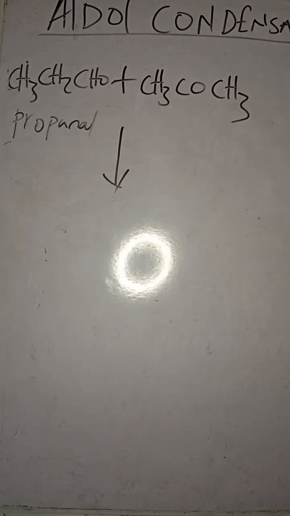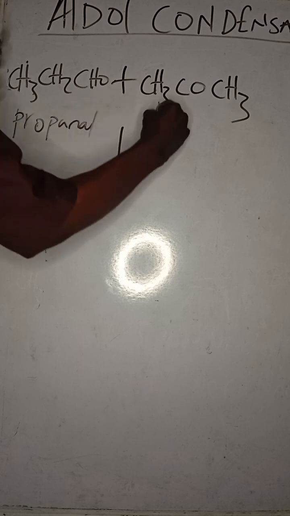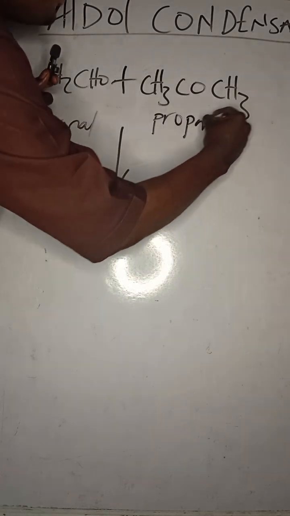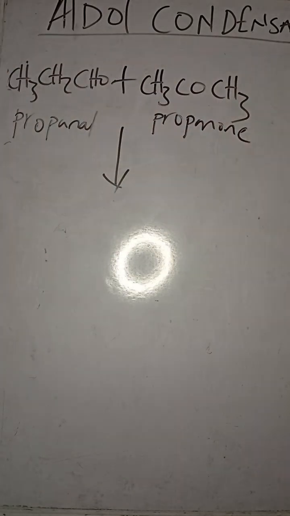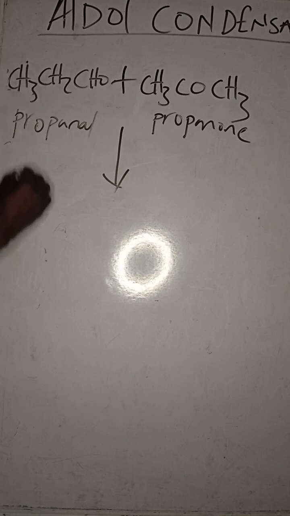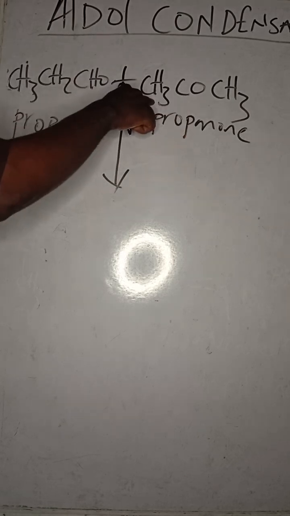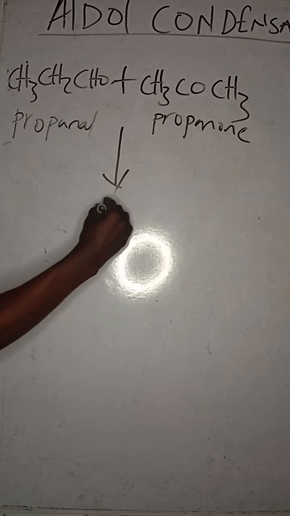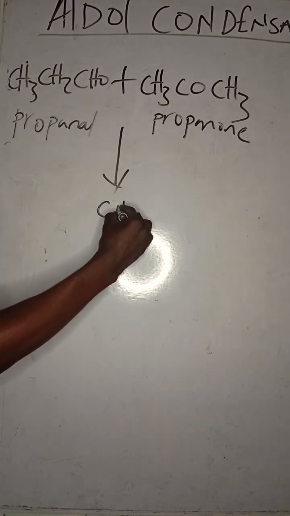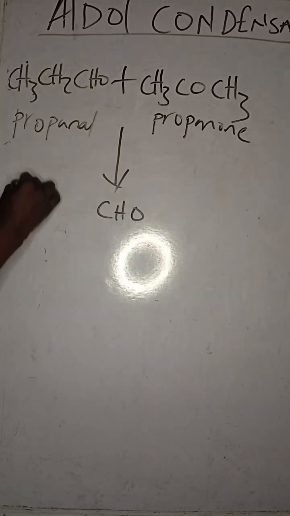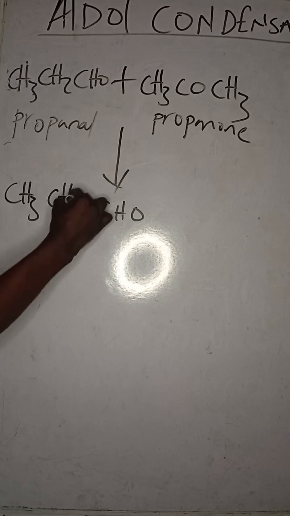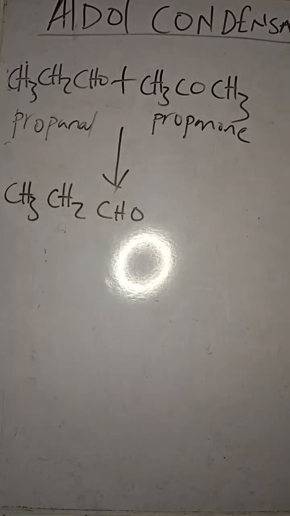Okay. Now on Aldol condensation, I said the alkanal is the one that loses alpha hydrogen better because it is more acidic. So I'll lose the alpha hydrogen here. So this is functional group, alpha carbon, beta carbon. So I write it CHO, CH3, CH2. So I write the propanal.